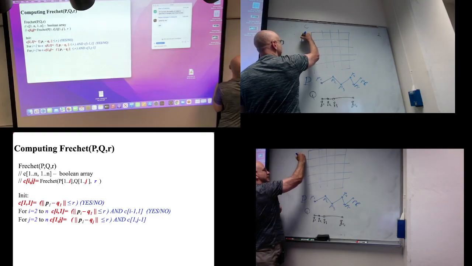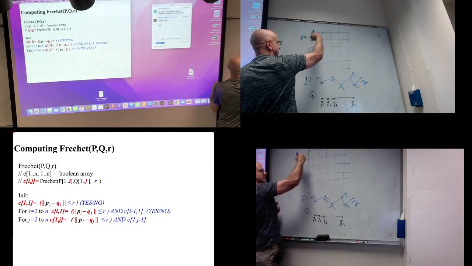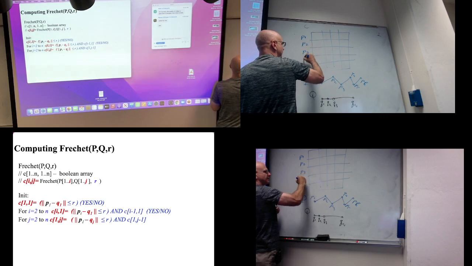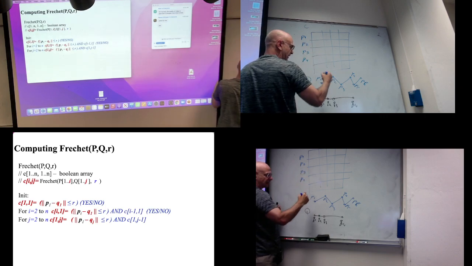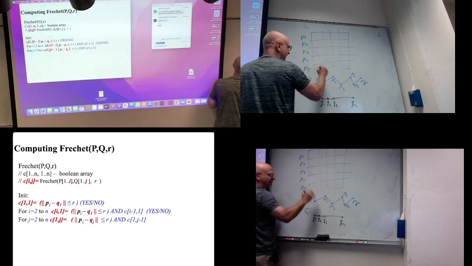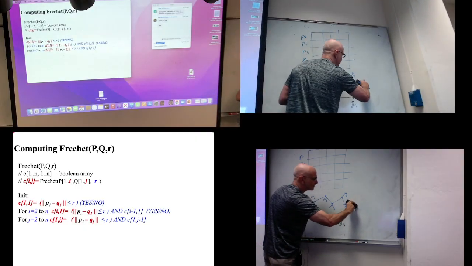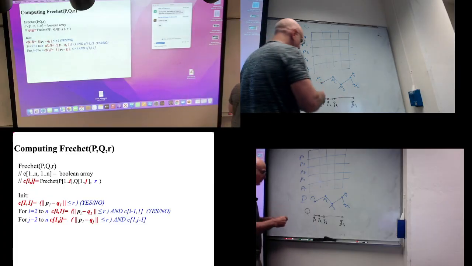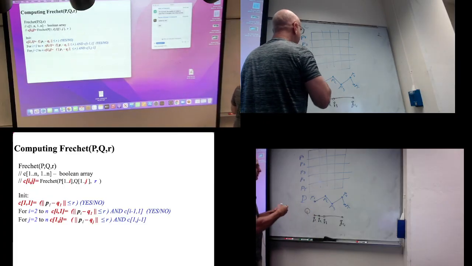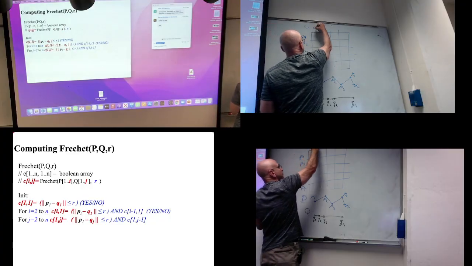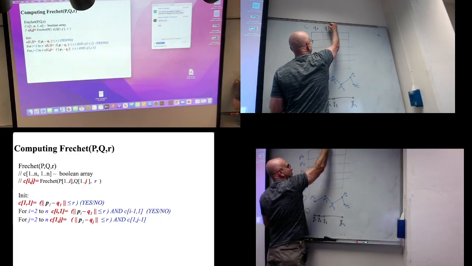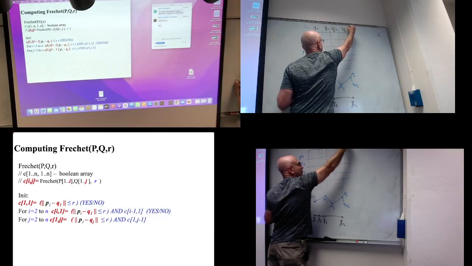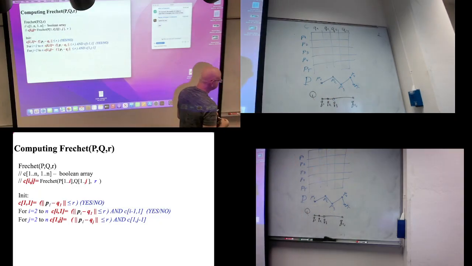I will use this array to denote, the rows will denote vertices of P: P1, P2, P3, P4, P5, for real estate reasons, let's delete. No, P6. I'll use the columns to denote Q1, Q2, Q3, Q4. I'll stick with this example.